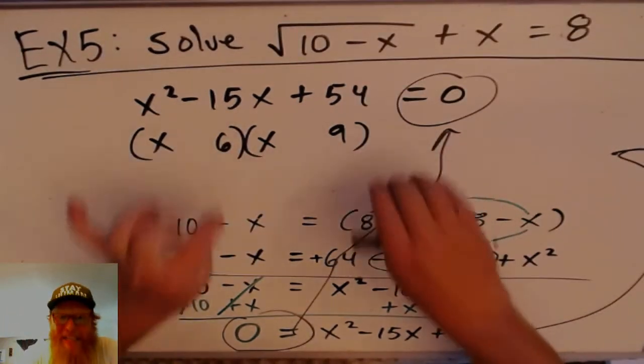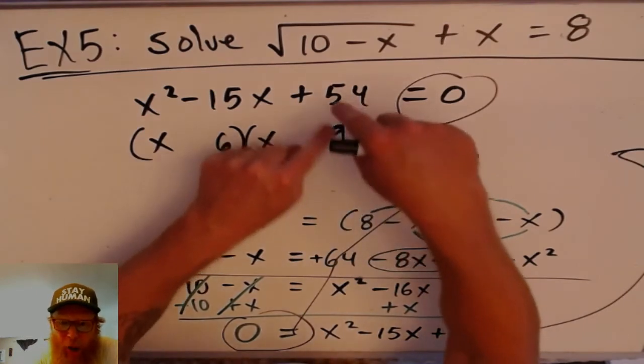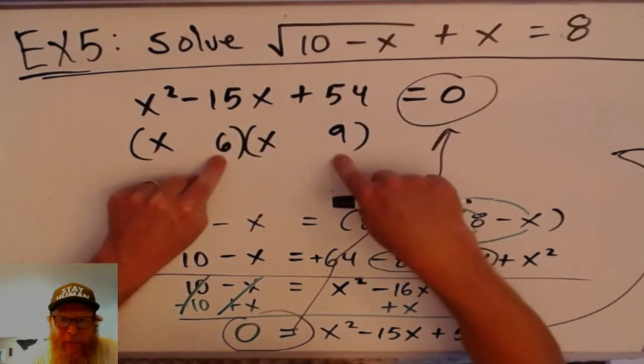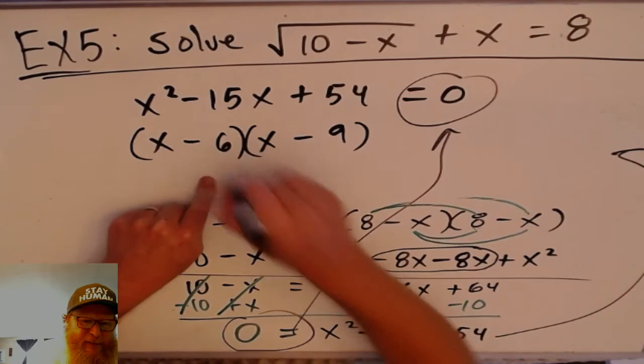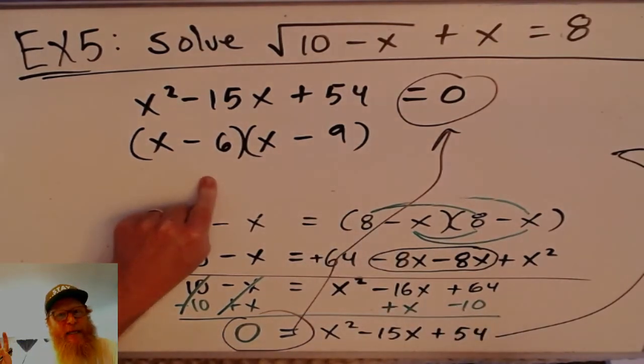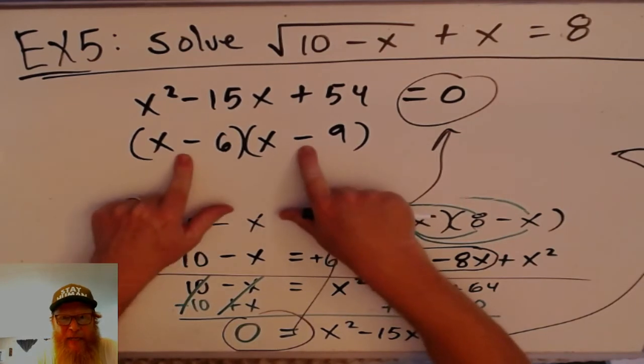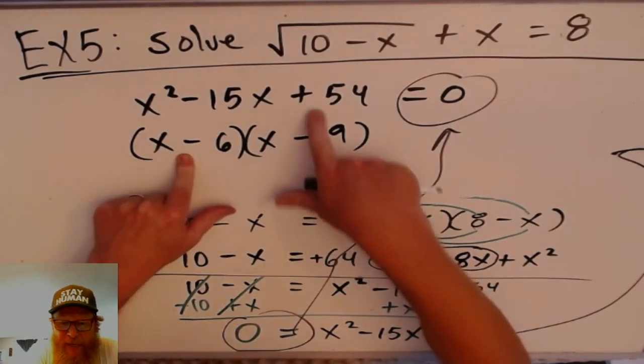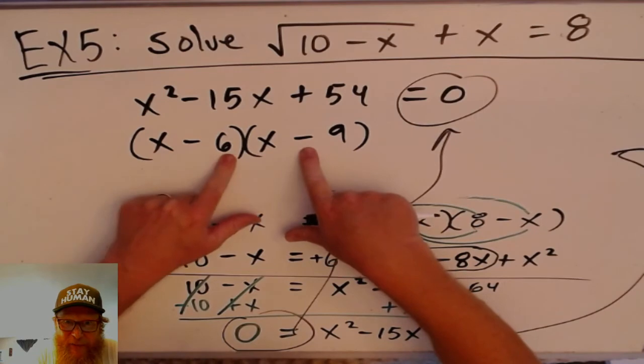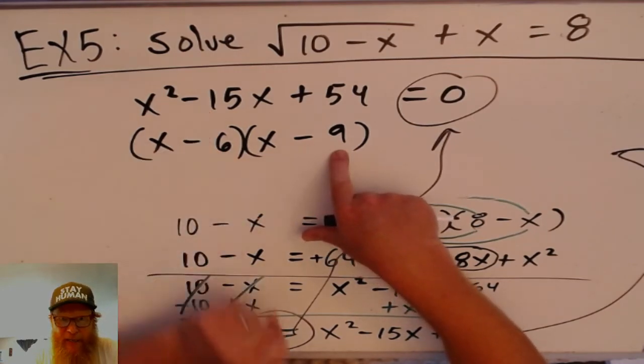But for these types of problems, I promise I will always give you a nice factorable number. So 9 and 6, and they should both be negative. Right? Be careful with signs. Negative times a negative is a positive, and a negative plus a negative, 6 and 9, is negative 15.